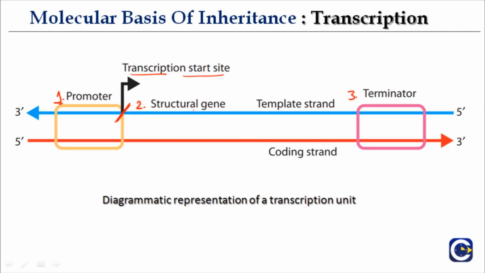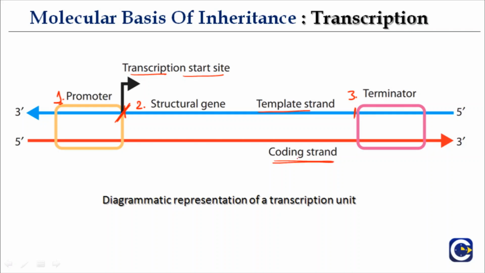Then there is the second thing called the structural gene. This structural gene contains the sequence of nucleotides that will determine the sequence of the pre-mRNA or the mRNA. Here, one strand is the template strand and the other strand is the coding strand.